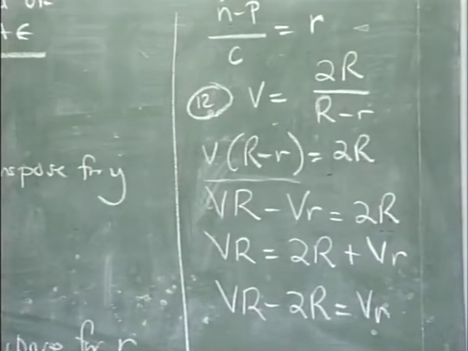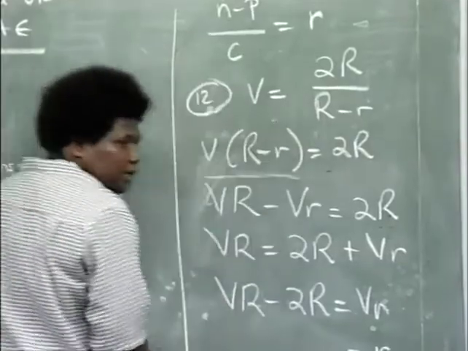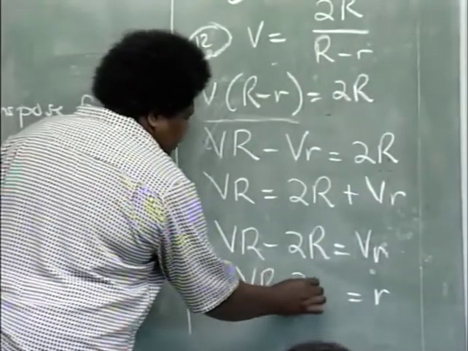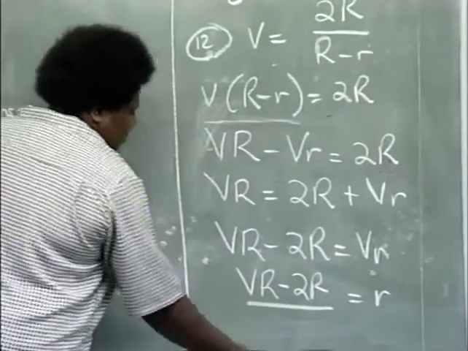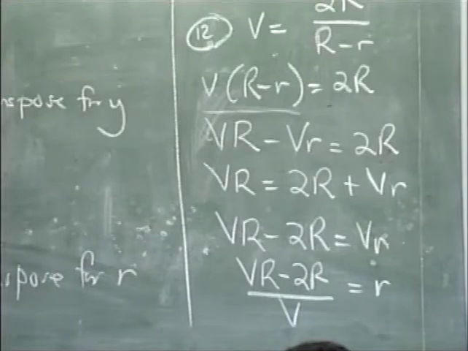Andrew? Divide by V on both sides. Okay, very good. So r is equal to VR minus 2r divided by V. I have now made r the subject of the equation.